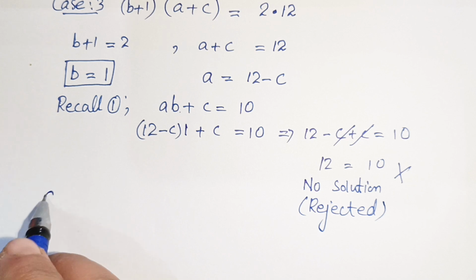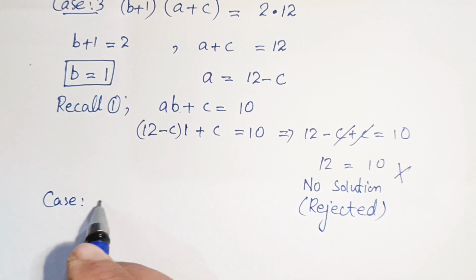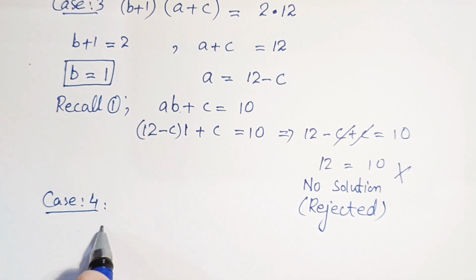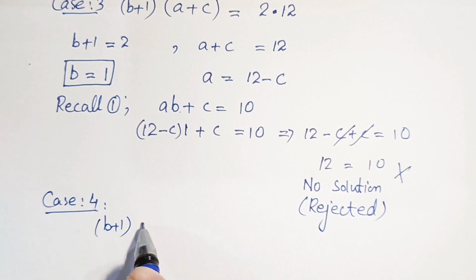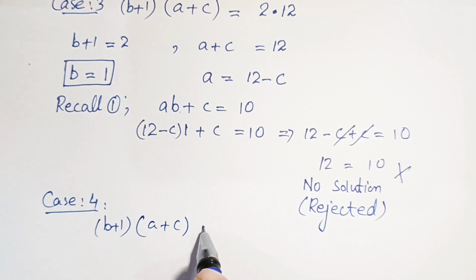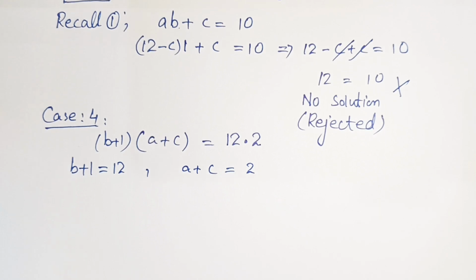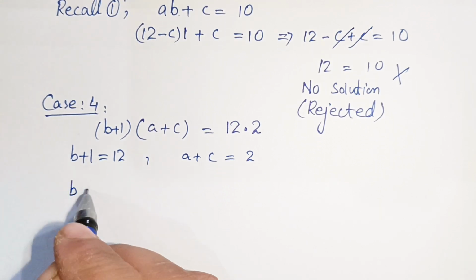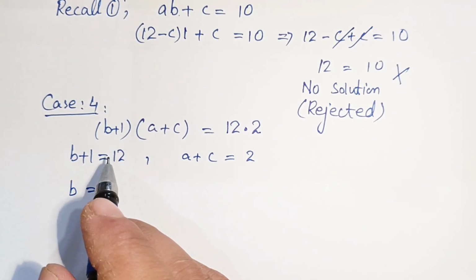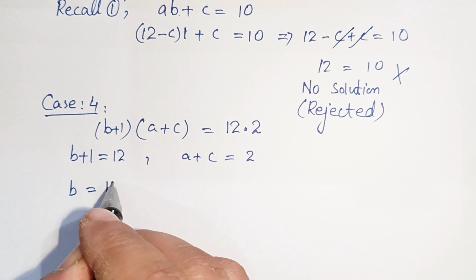Now solving our case number 4. Case 4 is (b+1)(a+c) = 12 × 2. Now here b+1 = 12 and a+c = 2. Now we have b = 12 − 1, so we get the value of b is 11.